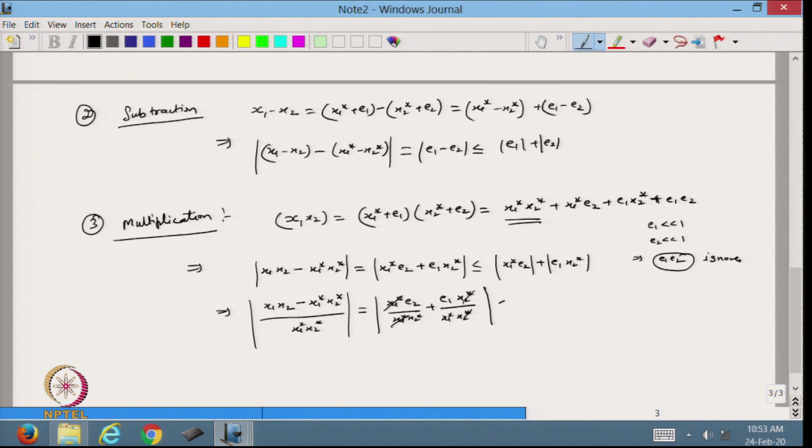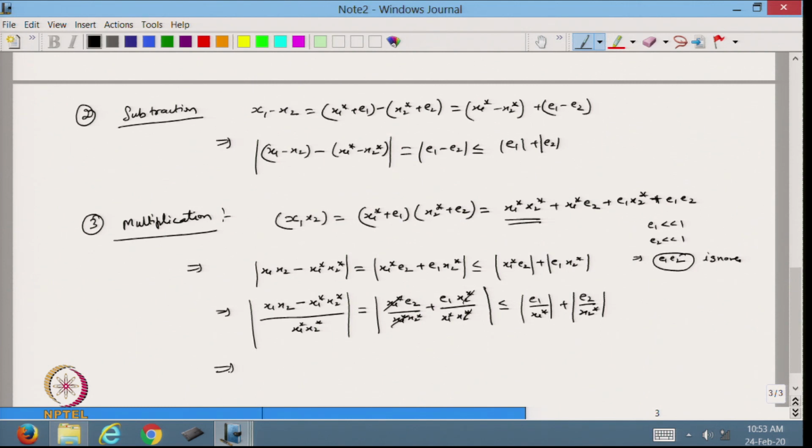So, from here I can write that this should be equal to E1 by x1 star plus E2 by x2 star, and what is this? It is the relative error in x1 and this is the relative error in x2.